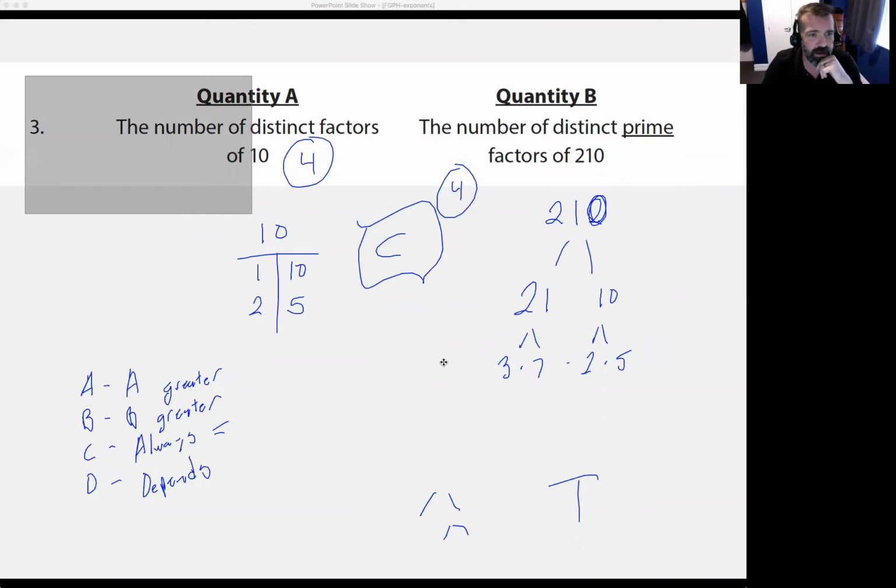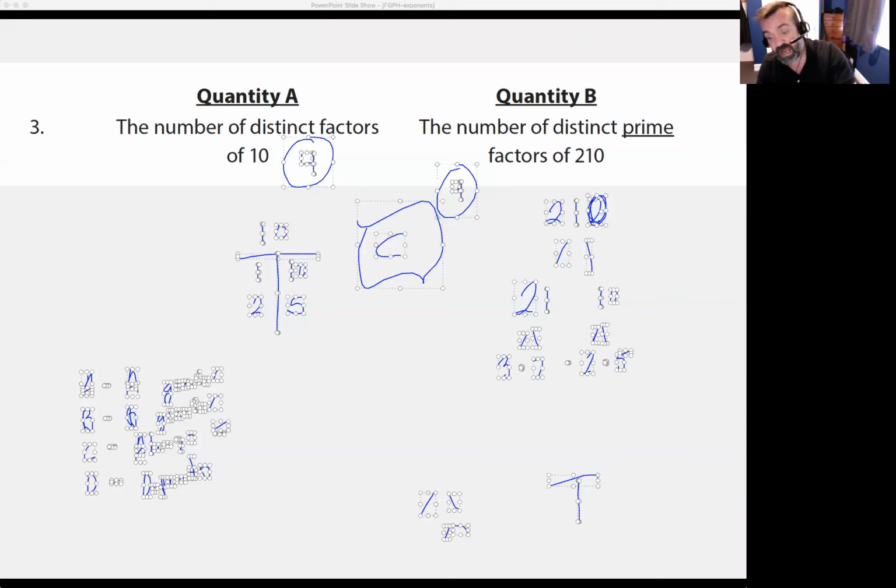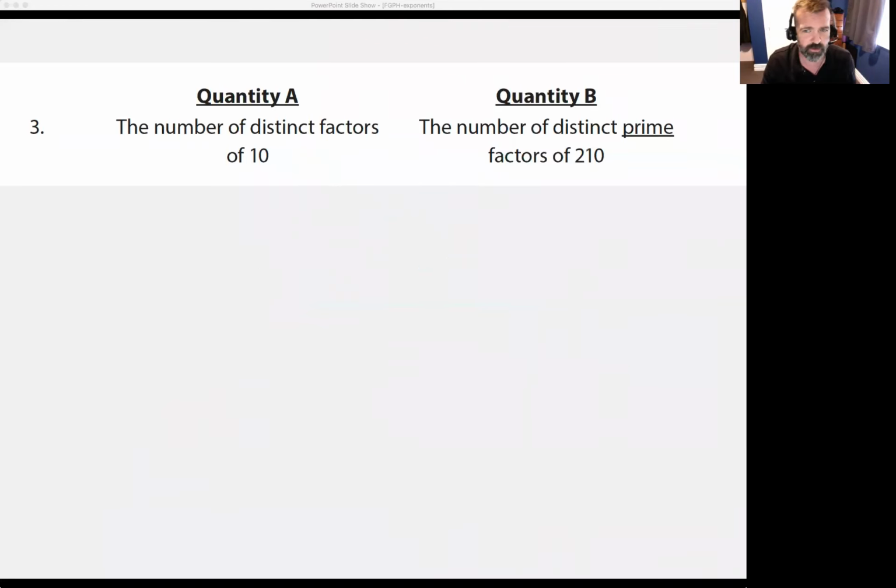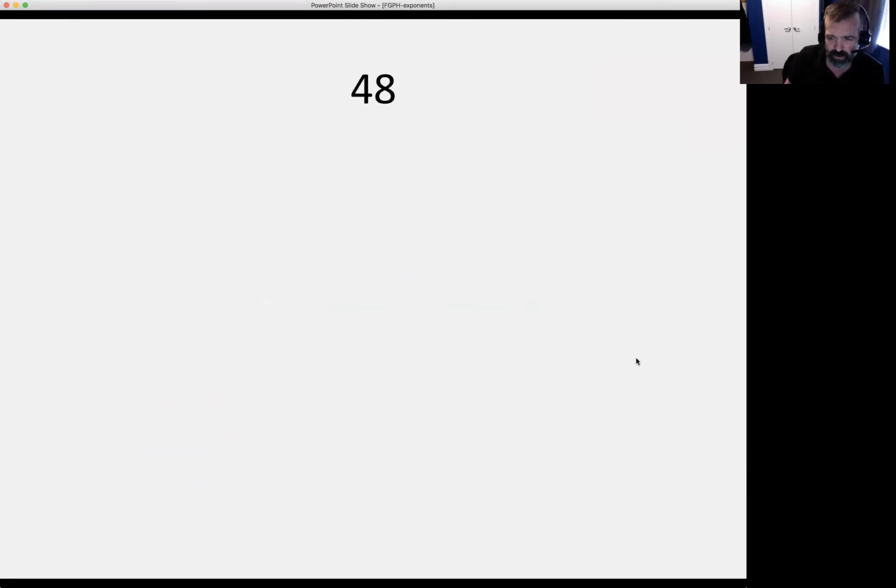All right, so we got the language of an actual GRE style question, distinct factors, distinct prime factors. There we go. Now we're going to get nitpicky, and we're going to use this to help ourselves get a lot more advanced here. So I'm going to play around with what we can do with a number.